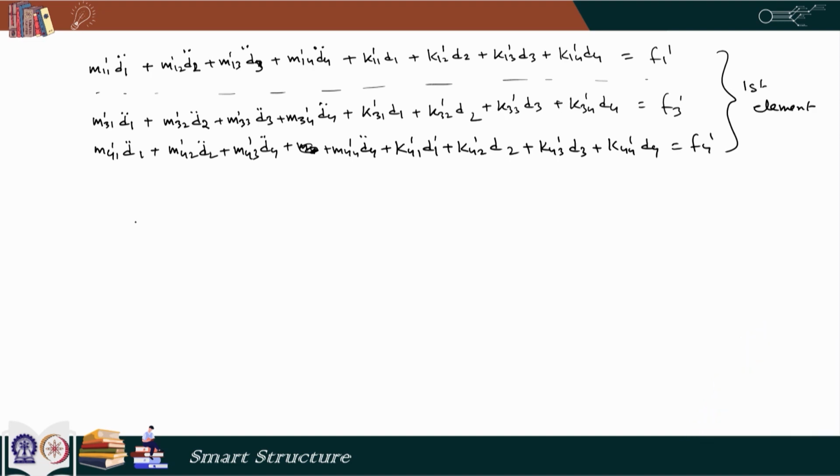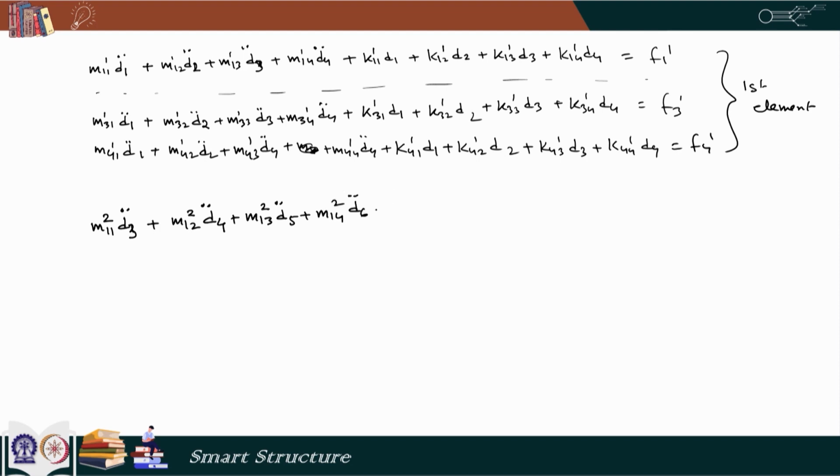Now, if I write the first equation from the second element, the equation would look like this: M11 of the second element multiplied by D1, no it is not D1 now, it is D3, because D1 of second element is globally D3, plus M12 of second element multiplied by D4 double dot plus M13 of second element multiplied by D5 double dot plus M14 of second element multiplied by D6 double dot.